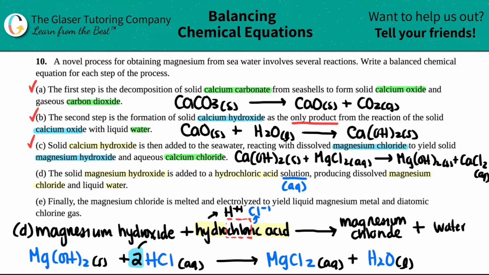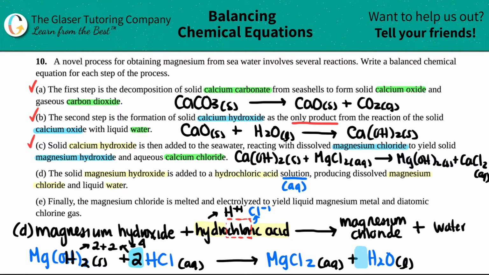And then let's see. This tells me that I have 2 hydrogens, but how many total hydrogens do you have? I have 2 hydrogens here plus 2 hydrogens, so I have a total of 4, right? 2 plus 2 is 4 hydrogens. I only have 2 hydrogens here.